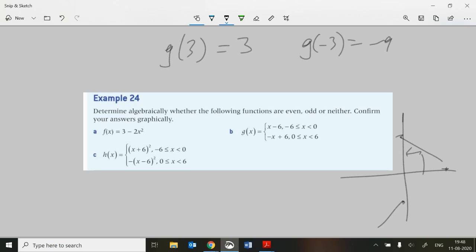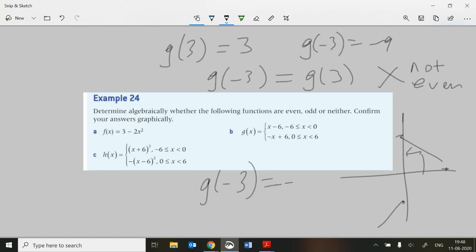Okay, so then you can see, for an even function, are you getting g of minus 3 being equal to g of 3? Well, no, you're not, so it's not an even function. And also, are you getting g of minus 3 equaling minus g of 3?